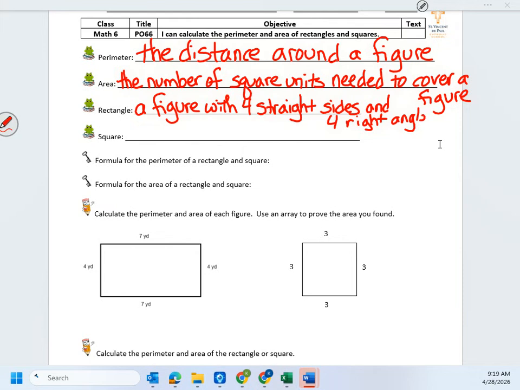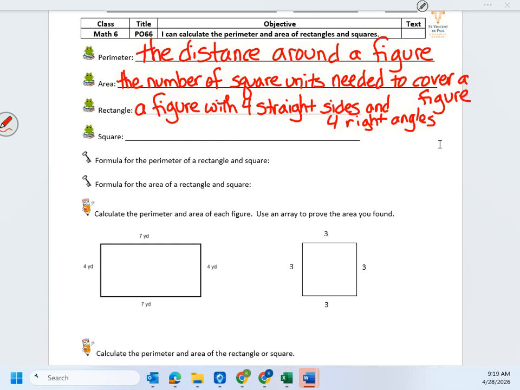Now it's important that those angles are right angles. It's not any quadrilateral. We know that the quadrilateral has four straight sides. The key to the rectangle is they have to have all four angles are right angles. How many degrees is a right angle, Rhoda? 90. 90 degrees. So it's that right angle, remember you can see it as the box or as 90 degrees.